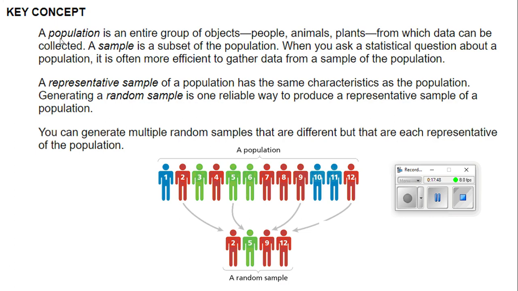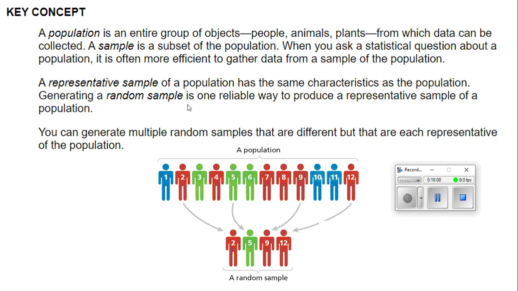So basically they're saying, if you've got a big population, you may want to take a sample of it so you'll be able to get an idea of what the population data is going to reflect. A representative sample of a population has the same characteristics as the population.